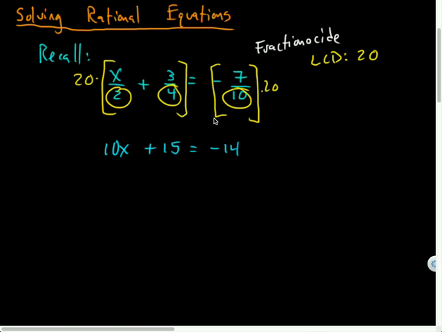So what would I do now to solve this, now that I live in my utopian world? Subtract 15 from both sides, and I'll get 10x equals negative 29. Still I'm enjoying living in my fractionless society. Then divide by 10.